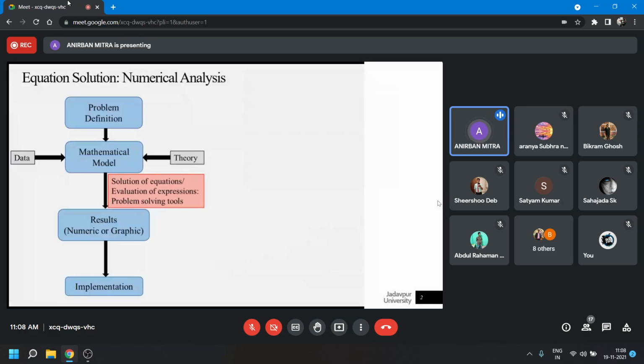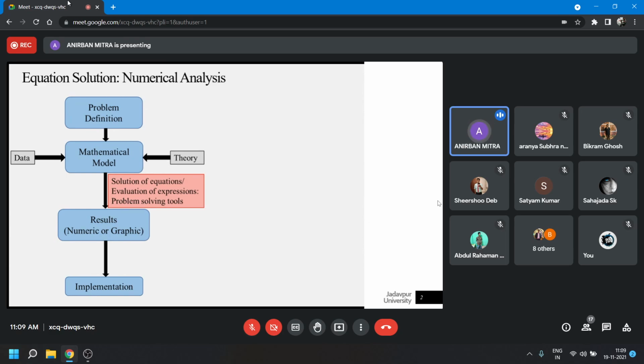So let us now begin our discussions with this flow diagram. This flow diagram actually shows us how one can proceed from a problem definition towards the solution of the problem and its implementation in a societal context, in a step-by-step or sequential manner.